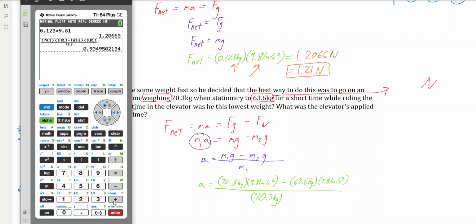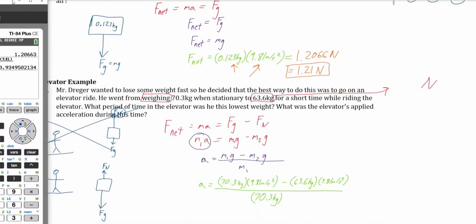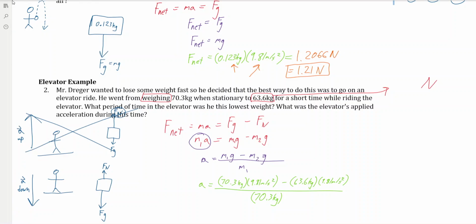enter. So the acceleration of the elevator was not much, but would be 0.934 95.